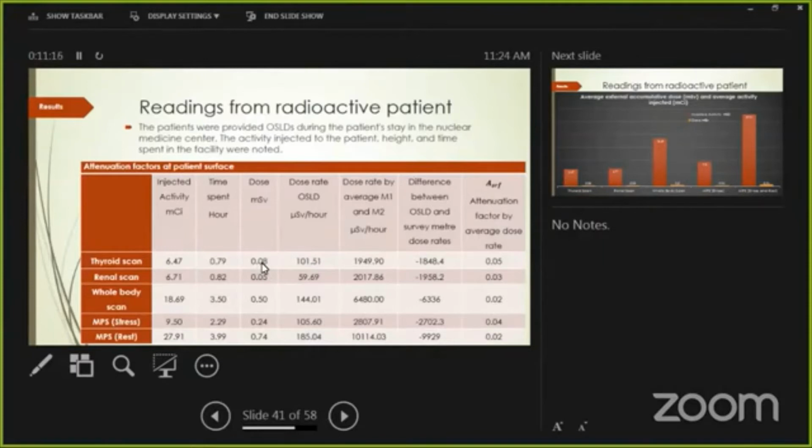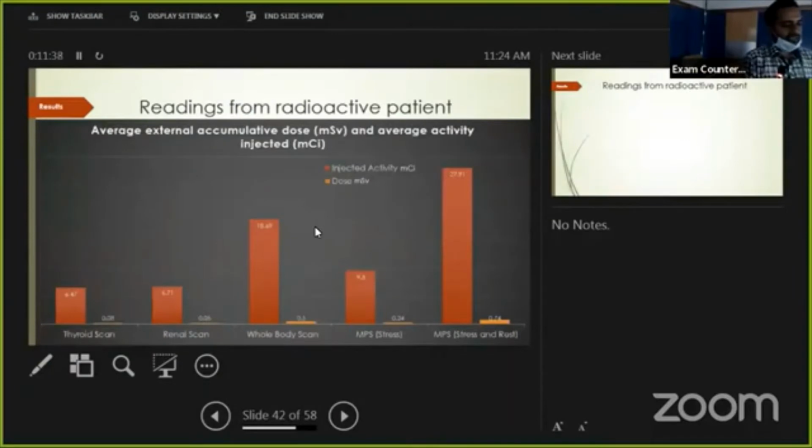So we calculated the average dose rates from this, and compared them with the average dose rates of the survey meters. As you can see here, survey meters were giving high readings as for the unshielded source, and for the patient the dose rates are very low because the patient is a kind of shielded source.